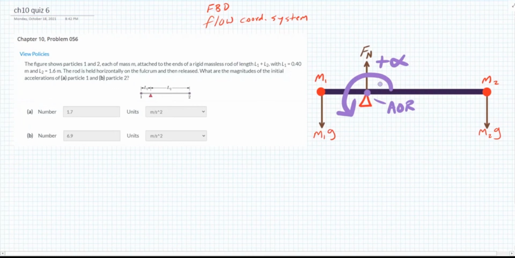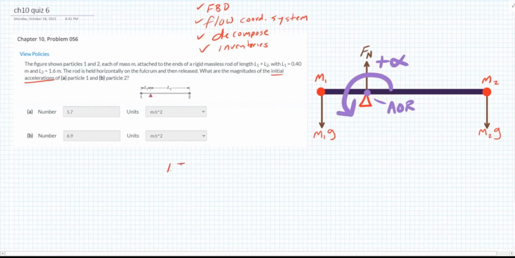Okay, so done with this. Decompose, not an issue. And then inventories. And somewhere along the way, I should see what the magnitudes of the initial accelerations of particle 1 and particle 2 are. All right, so here goes.